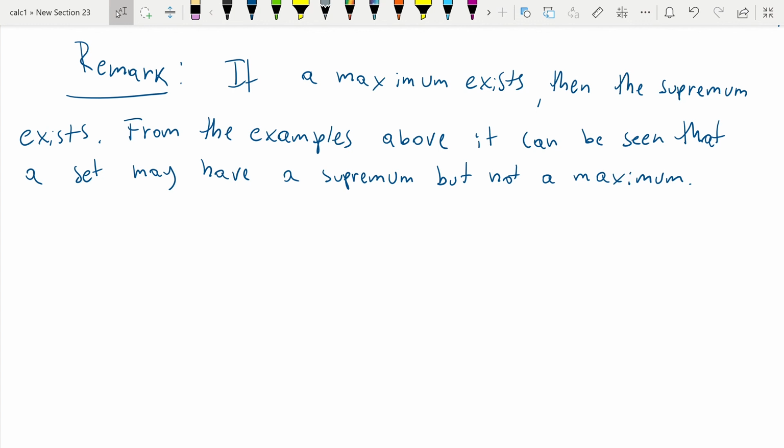It should come as no surprise that in many of the examples we used before, for cuts, we used the cut to be the set of rational numbers whose squares were less than 2, union the negative numbers.